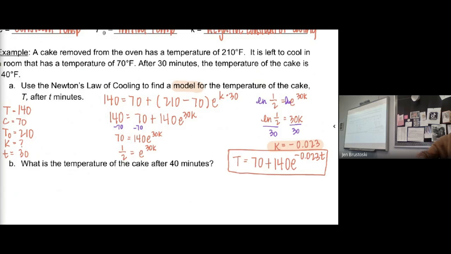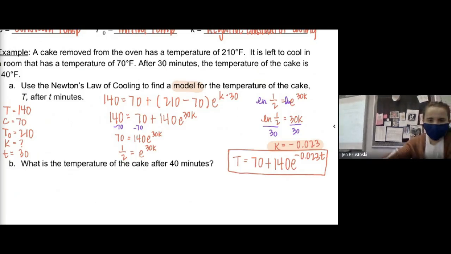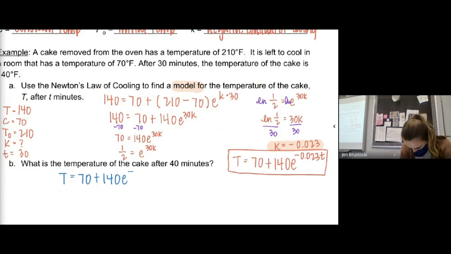So let's go ahead and find what the temperature is after 40 minutes. If you're using a red calculator, make sure you put parentheses around that whole exponent.